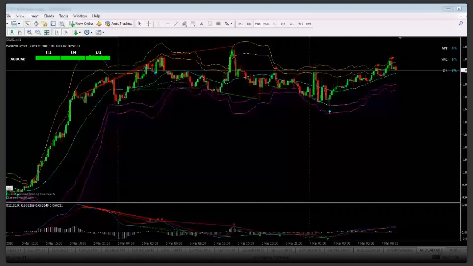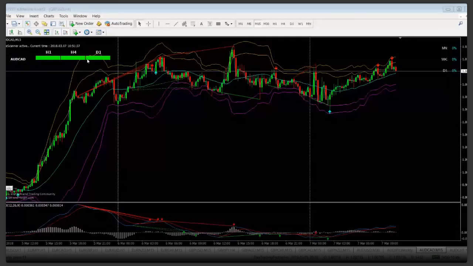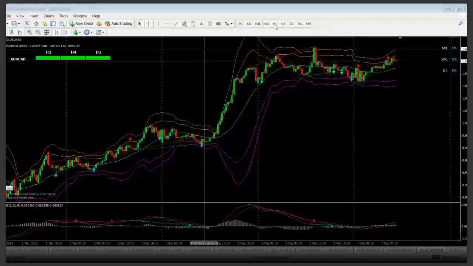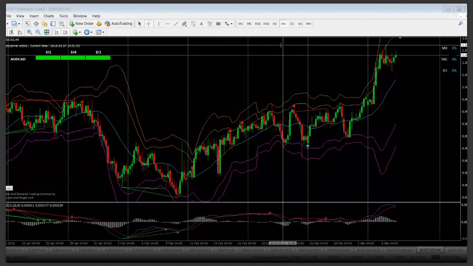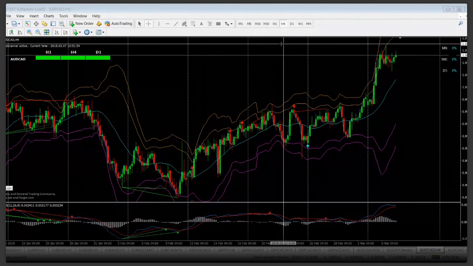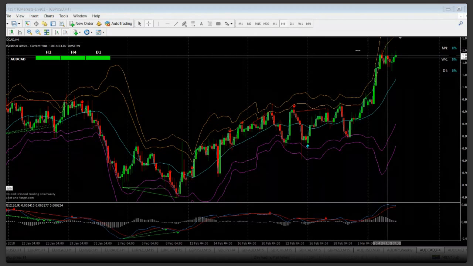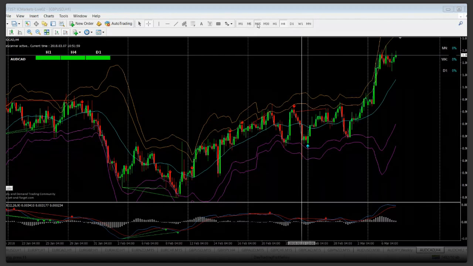Aussie CAD. So I'm going to take a small trade on it. I'm going to put my stop loss just above. Looking at it.